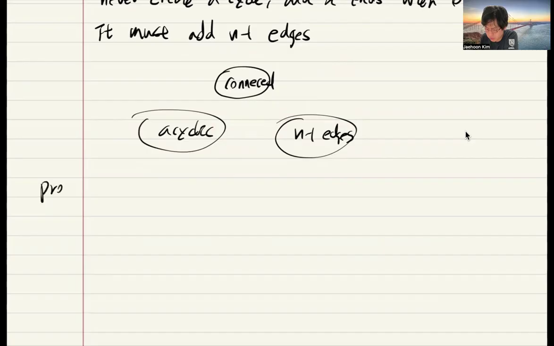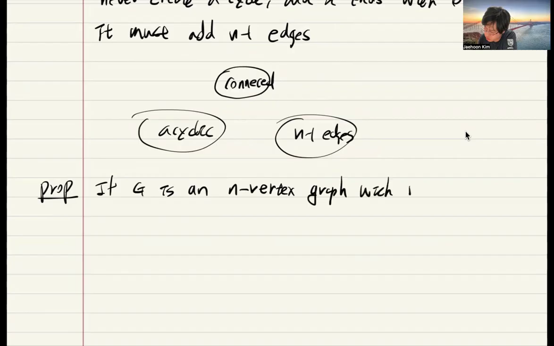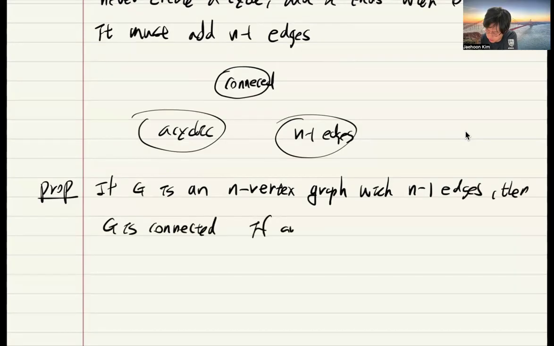So assuming any two of them, the third one follows. So if G is an n vertex graph with n minus 1 edges, then G is connected if and only if G is acyclic.